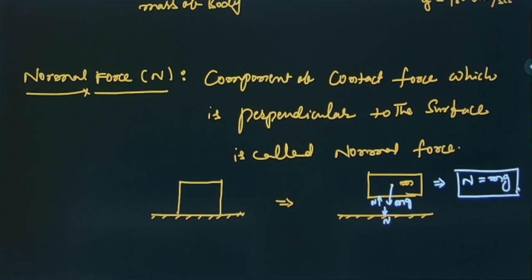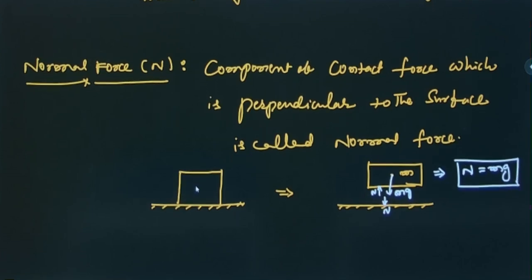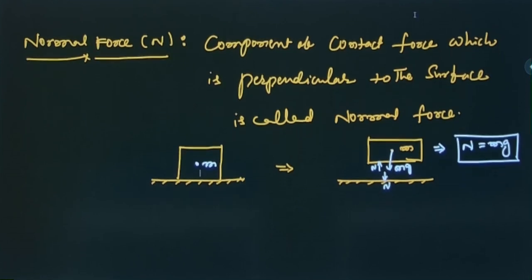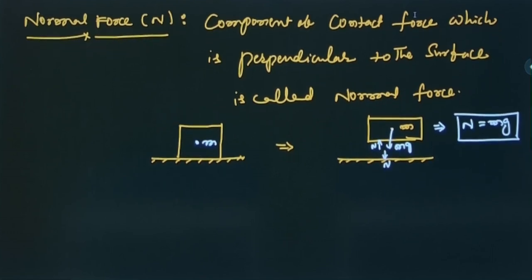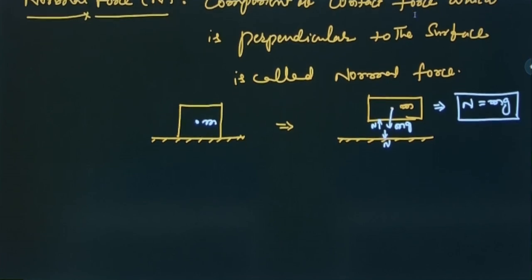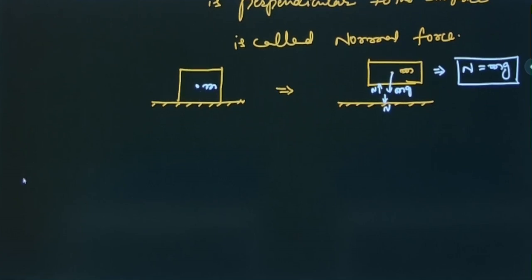So the perpendicular component of contact force is called normal reaction. Just keep this as an example. This normal force changes when it is placed on an inclined plane instead of a horizontal surface.